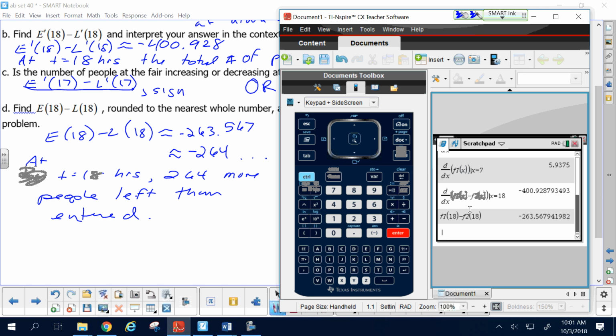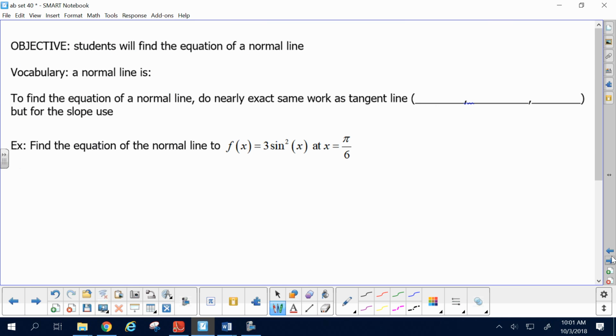And the difference between how many left and enter is 264. Left is bigger, which is why it's negative, so more people left. Okay? All right.